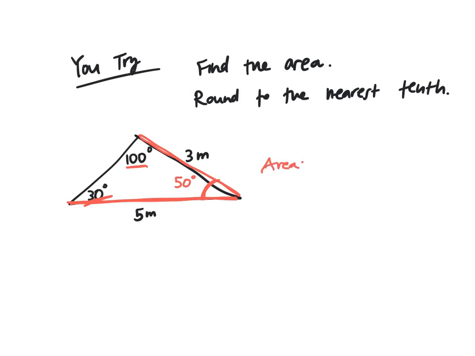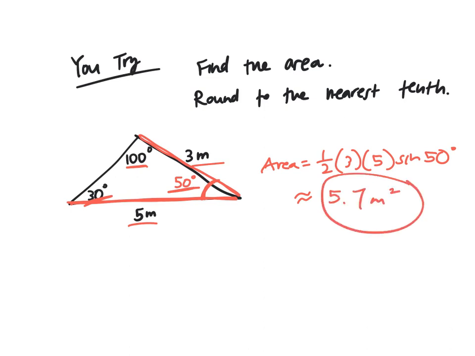So the area would be 1/2 side length 1, side length 2, sine of the angle between, so it's 50 degrees. Plug it into your calculator all in one go, and you get 5.7 square meters.